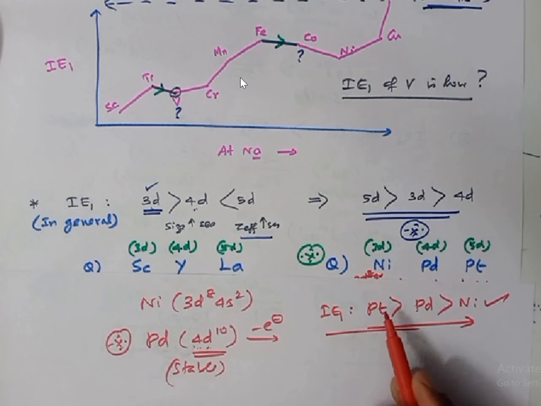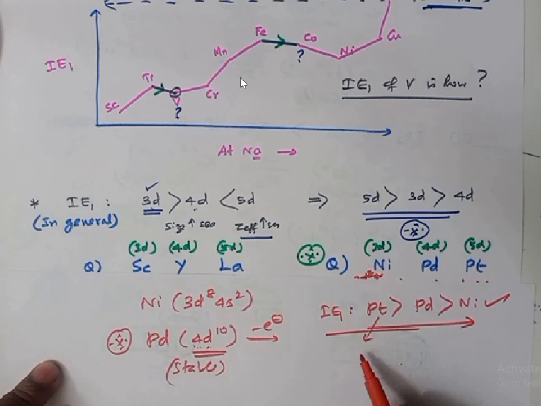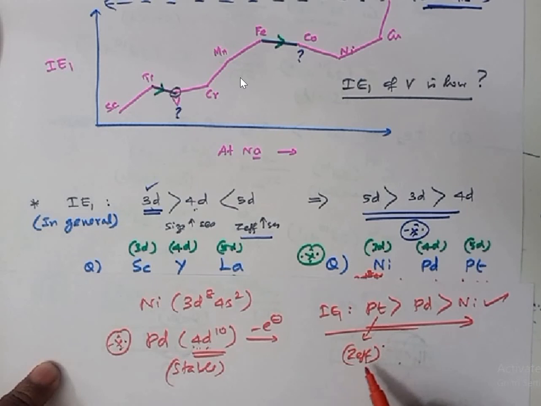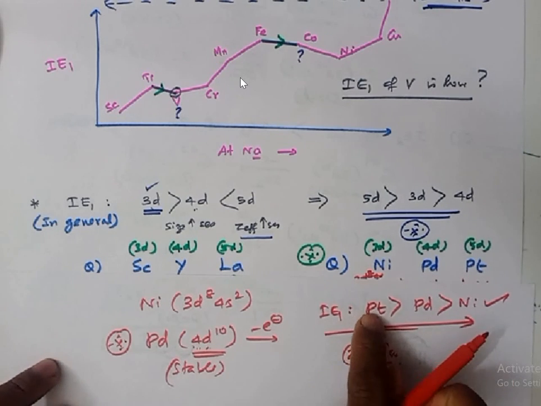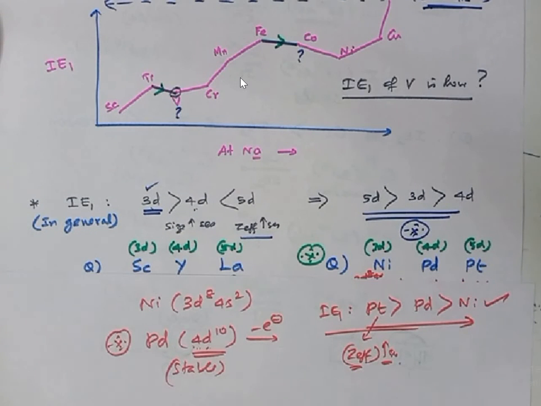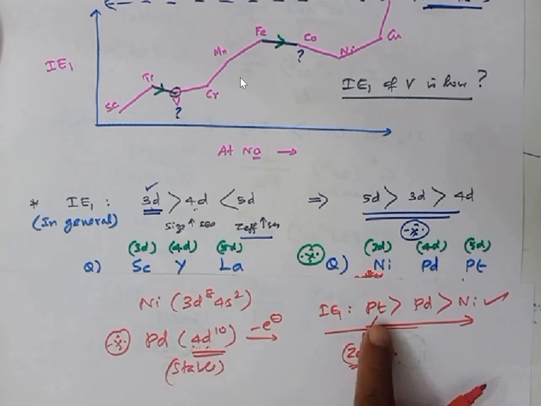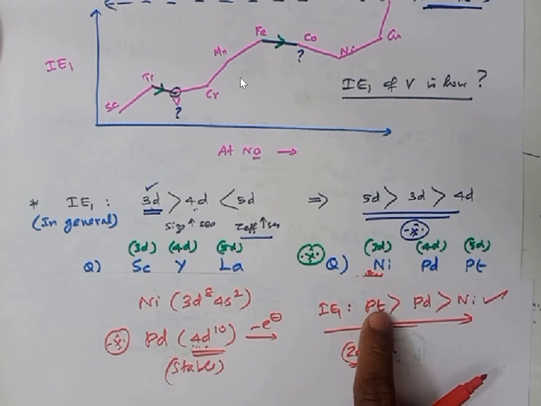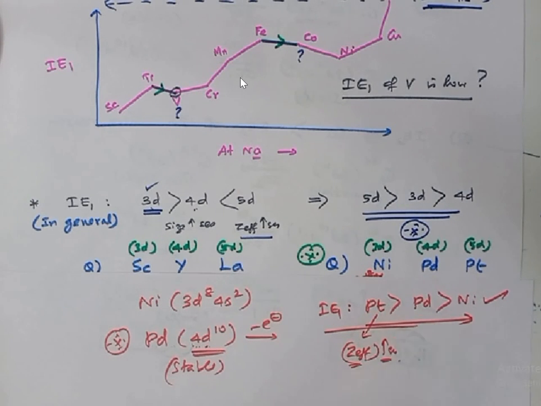It is 5d, and we have high effective nuclear charge, because lanthanide contraction comes here and effective nuclear charge increases. So due to high effective nuclear charge, platinum has high ionization energy among the three.